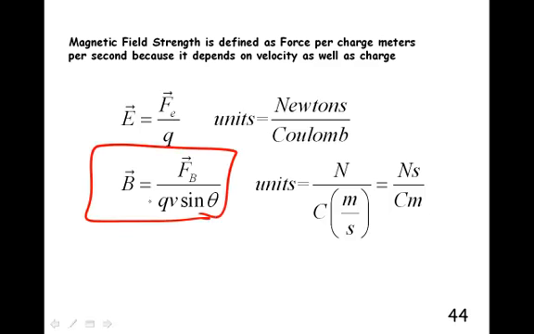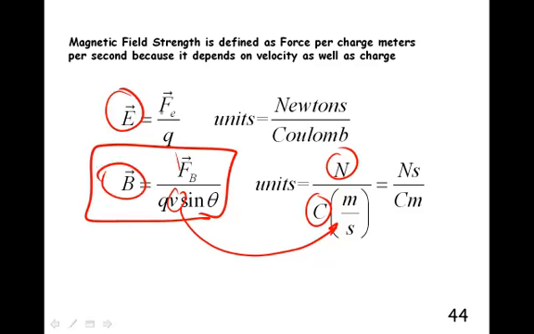Then we see that the units of magnetic field are going to be newtons per coulomb, sort of like electric field, but then there also has to be this velocity unit back in there, because the bigger the velocity, the stronger the magnetic force is. So the units are newtons per coulomb, and then meters per second for that velocity.